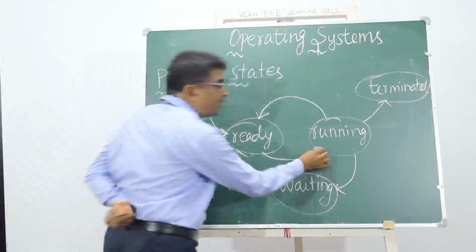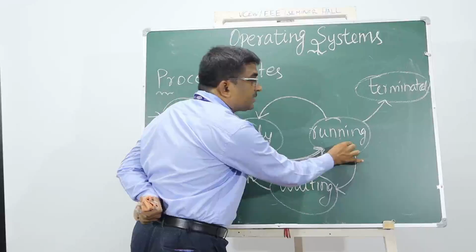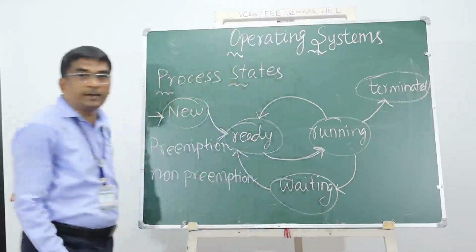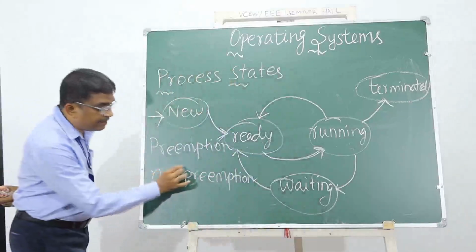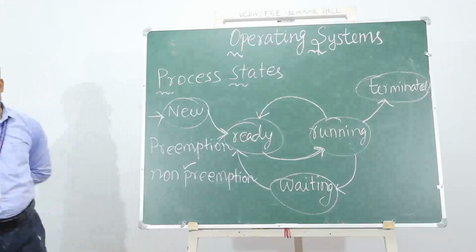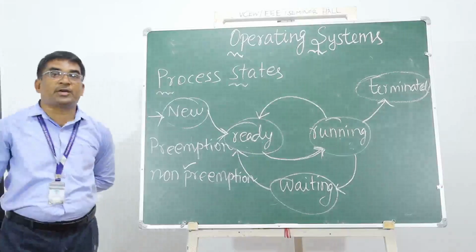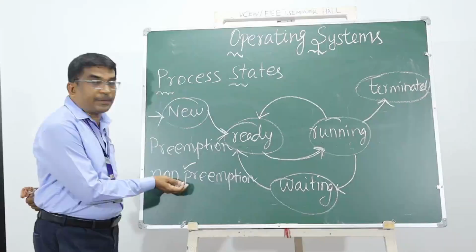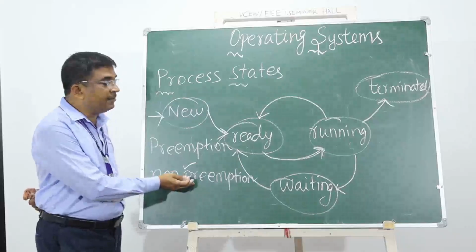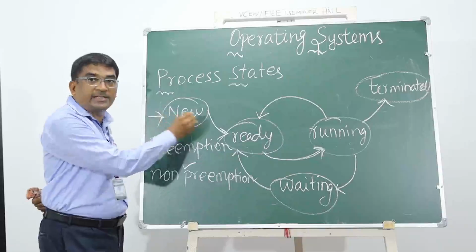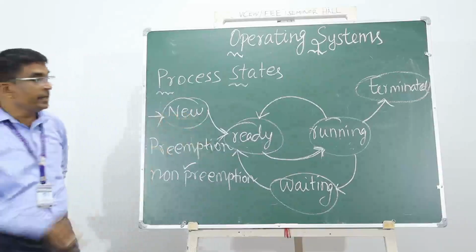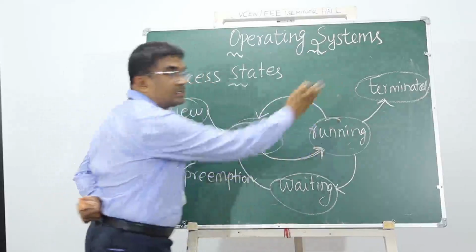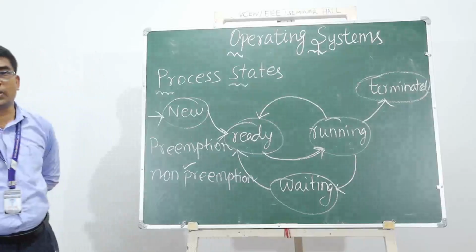The process completes its task without any interruption, and if it goes to the terminated state, then we call it a non-preempted process. That is, there is no temporary break, no interruption in the process. So non-preempted processes are processes which are executed without any interruption. They move from the new state to the ready state to the running state to the terminated state successfully.